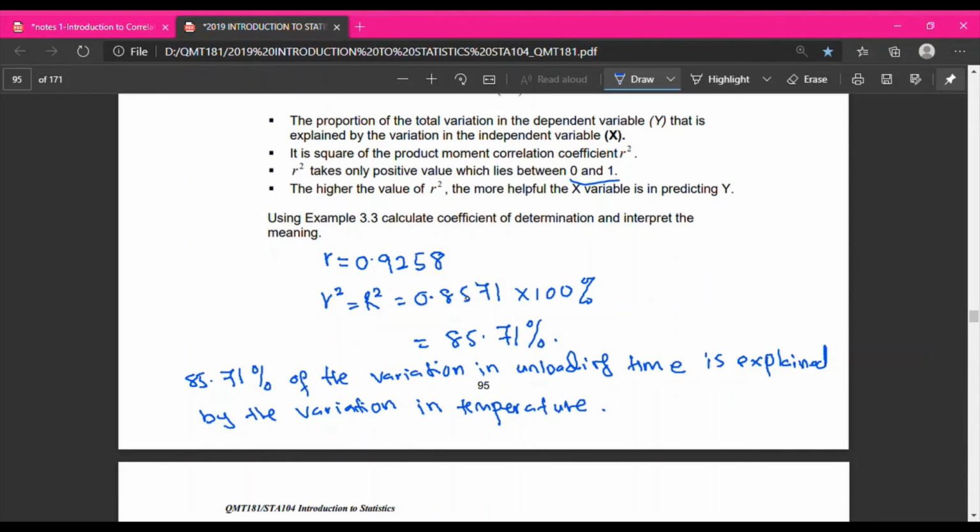Because 85.71% is quite high, it means that the variable temperature can predict the unloading time very well, because the value of r square is quite high here. Okay, so that's all for this time.